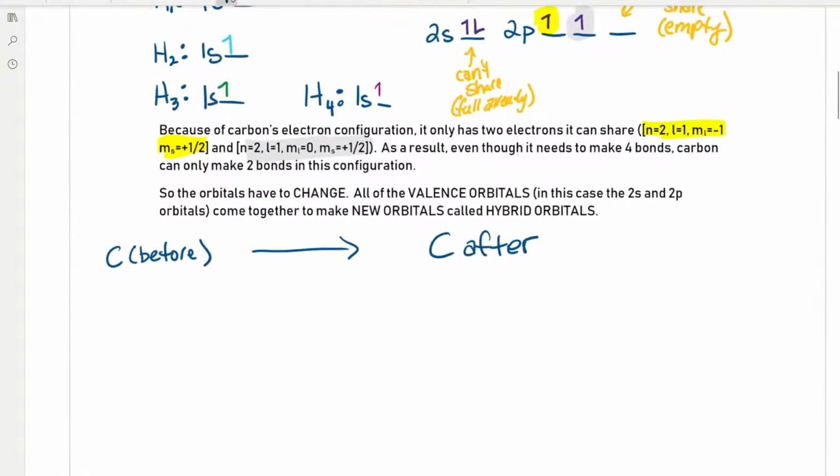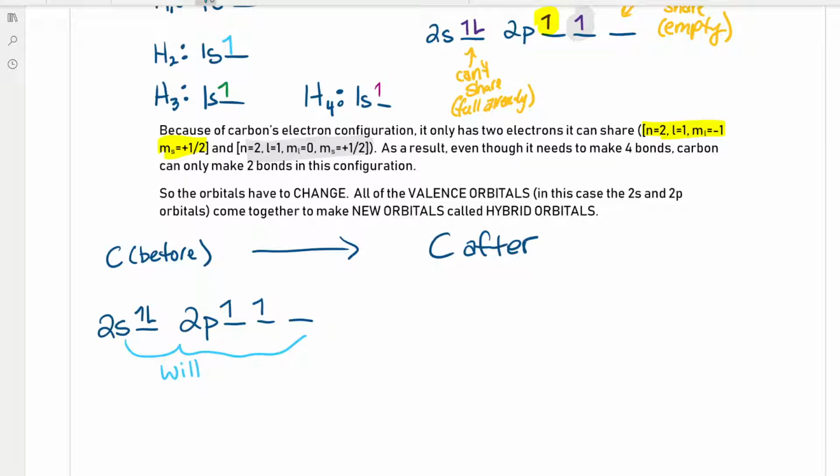So before, and I'm just going to draw the 2 level, we had 2s with 2 electrons in it, and then we had 2p, and it had 2 electrons in it. What's going to happen is that these orbitals here will join to form hybrid orbitals, to come together.